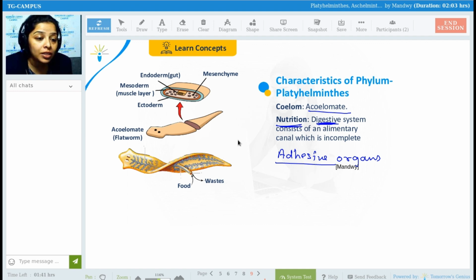Adhesive, like adhesive tape, means to stick something, right? If you want to paste something, you use adhesive tape or adhesive glue. The same way they have adhesive organs so that they get attached to that particular thing. And these adhesive organs are suckers and hooks.